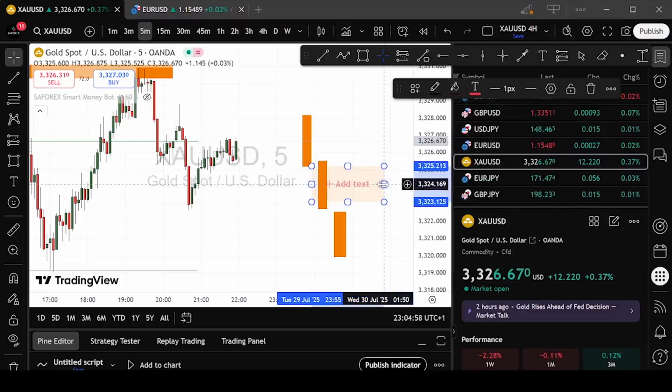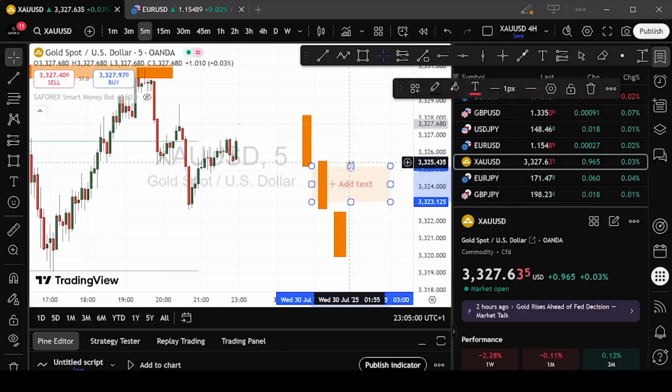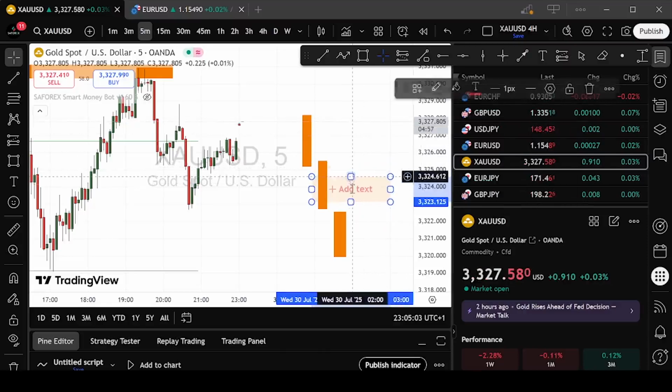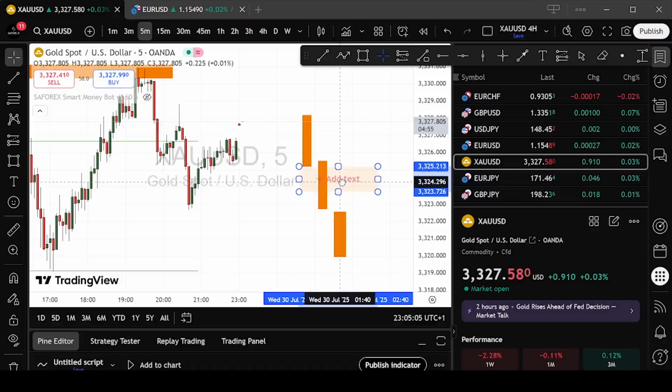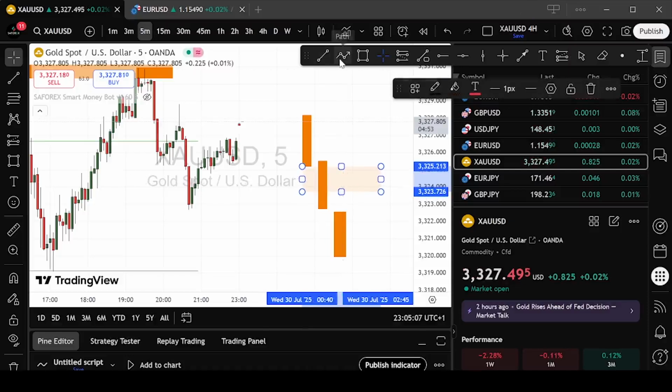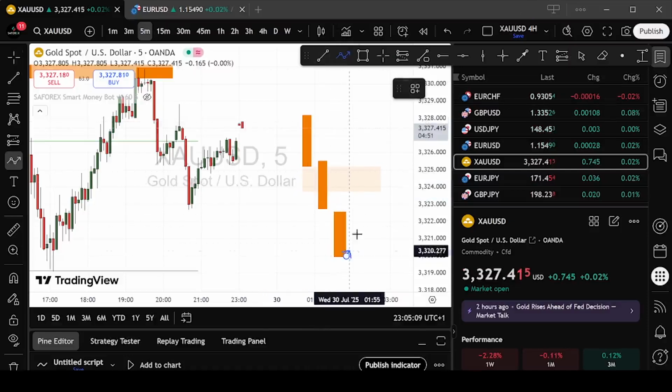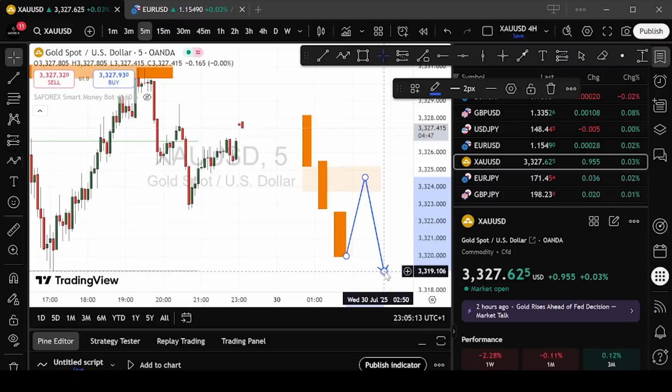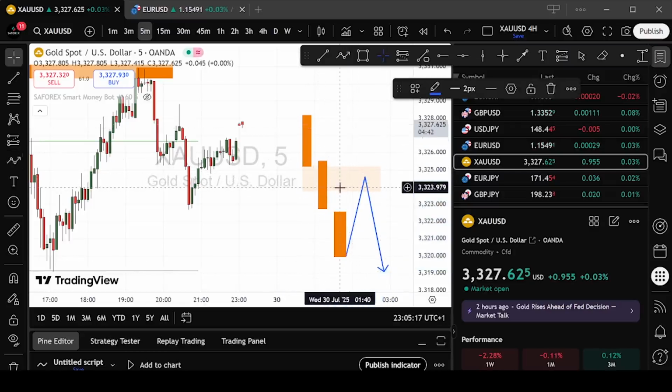Something like this. So price comes there and then fills up. Price will later come back here and fill up and continue in the down direction. So you want to train your eye to see all of these things, alright?